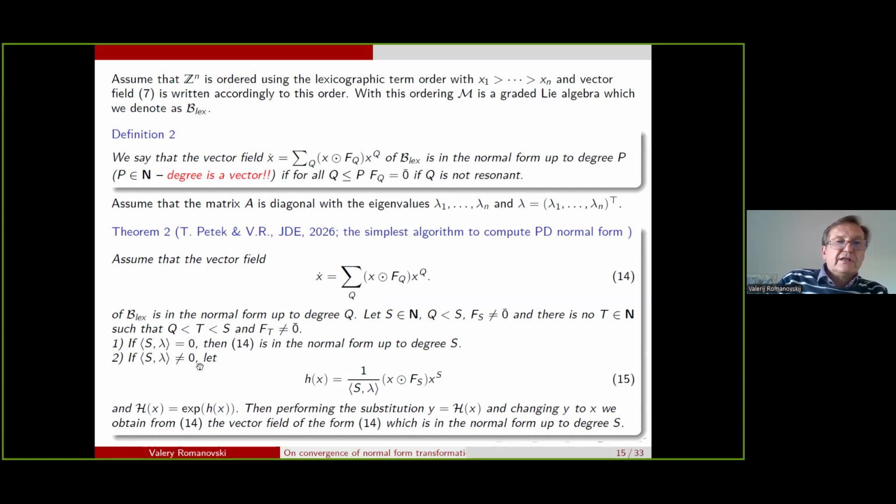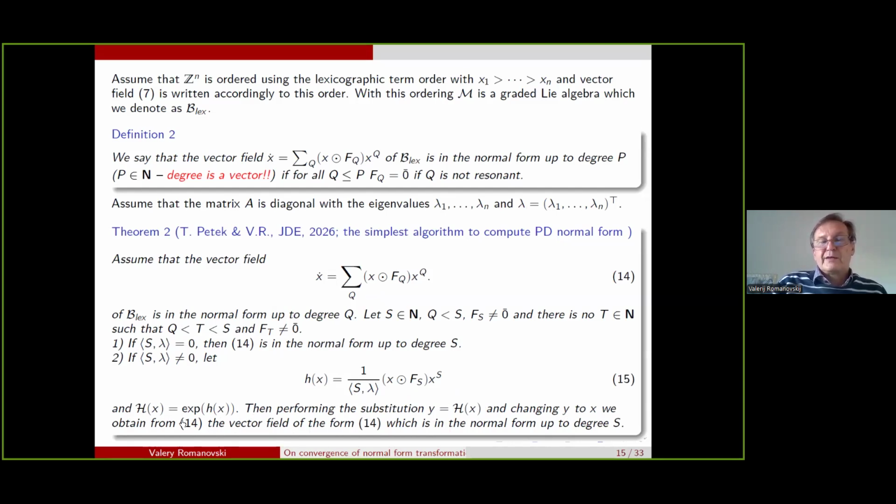But if it is not equal to 0, it means that we have a non-resonant term. We have to delete this non-resonant term. And then we just compute the vector field H of x in this way. And now H of x is the exponent of x.